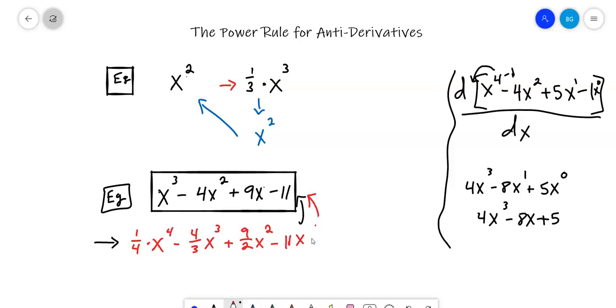And so it's just the common practice that we put plus C here to stand for some constant that may or may not have been there. And what happens is this generates then a family of all the possible functions that could have produced that derivative. And when we say we're going to find the antiderivative, that's what we're after. We're after all the possible functions that could have satisfied that.